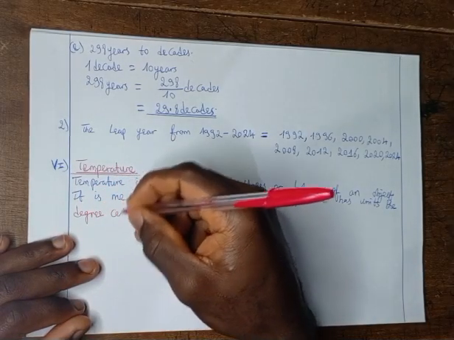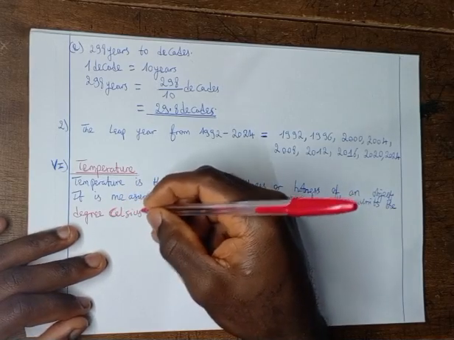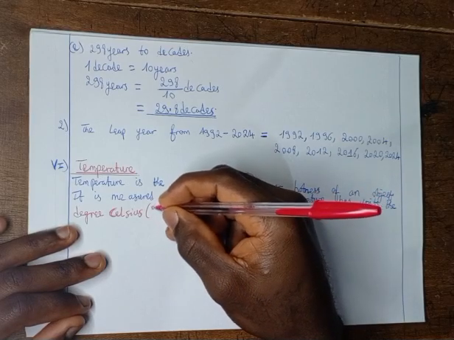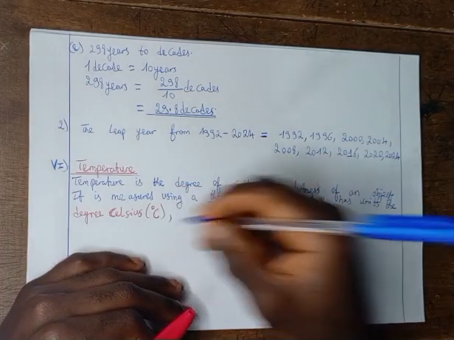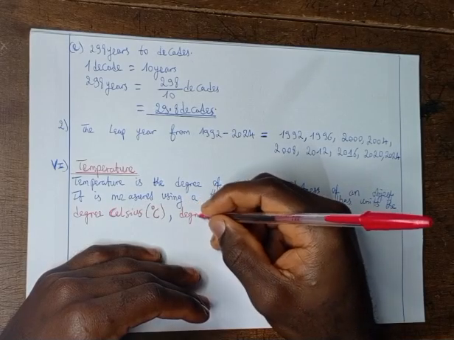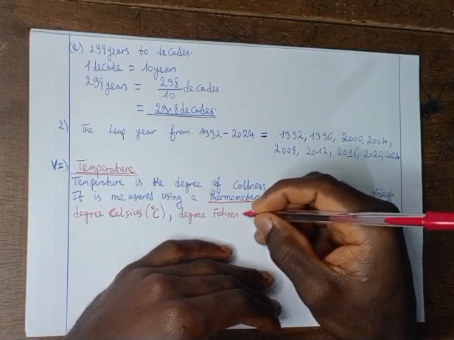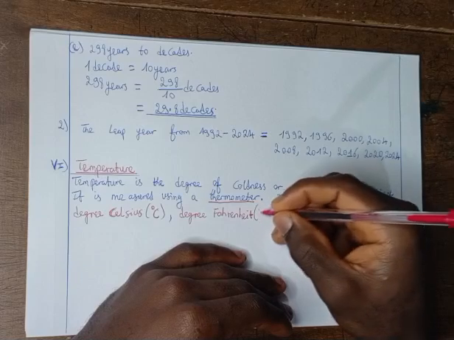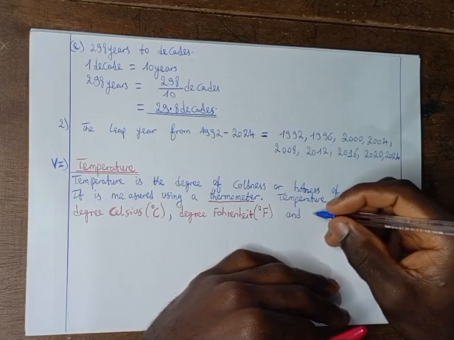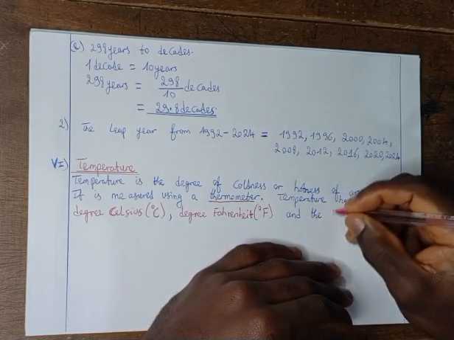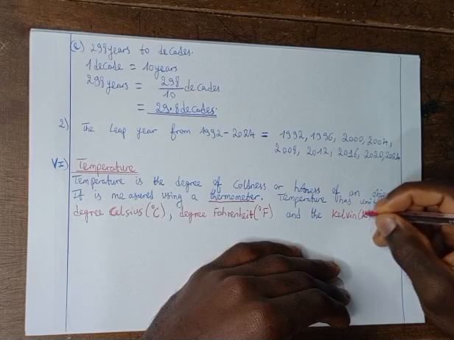The degree Celsius is denoted by using a small o up like this with a C. The next one we have is the degree Fahrenheit, denoted as such, and Kelvin, denoted by making use of a capital K.